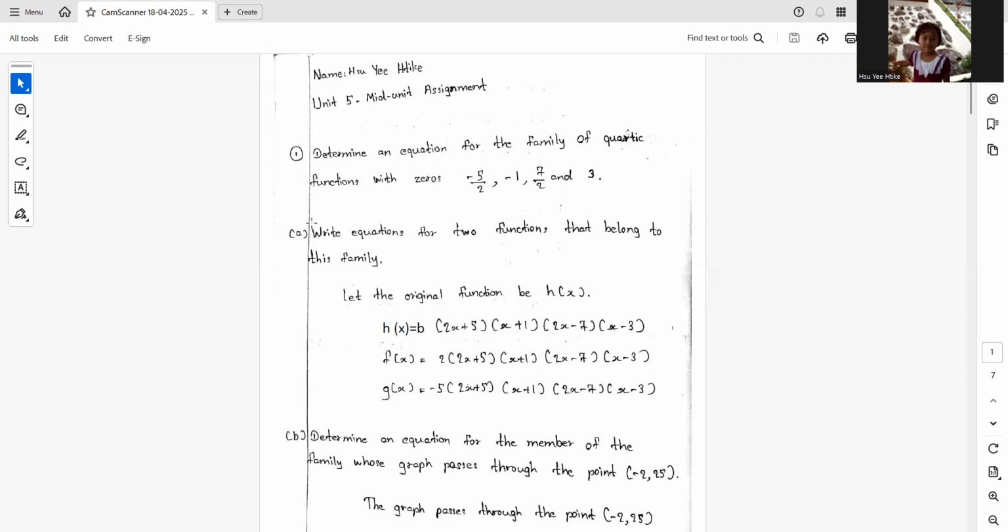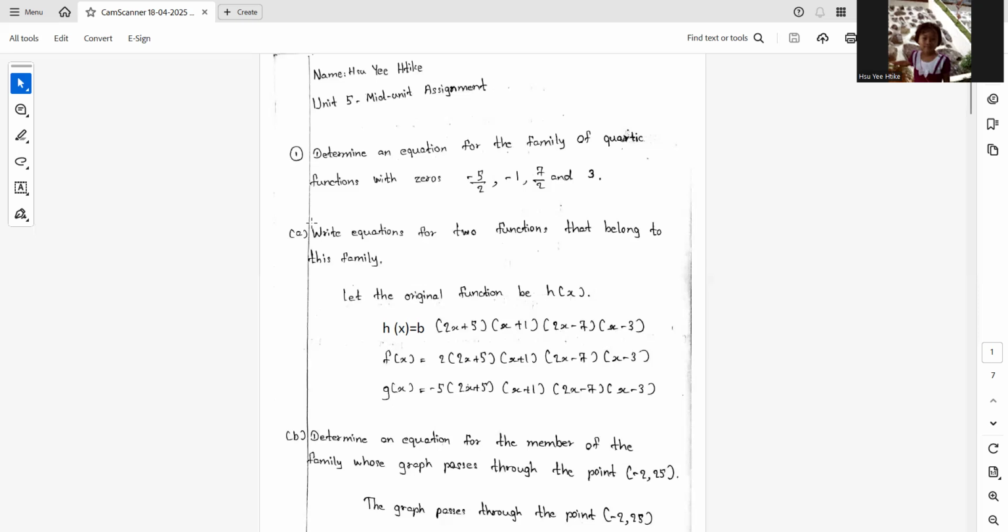So I let the original function be h of x, where h of x is equal to b times (2x plus 5)(x plus 1)(2x minus 7)(x minus 3). Here b is a constant.